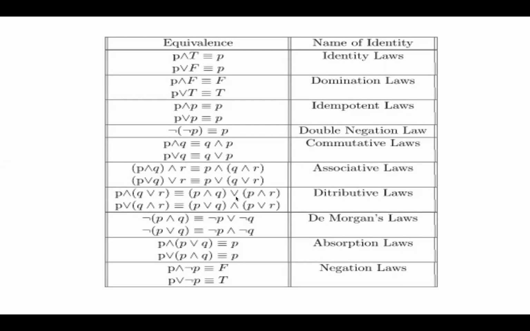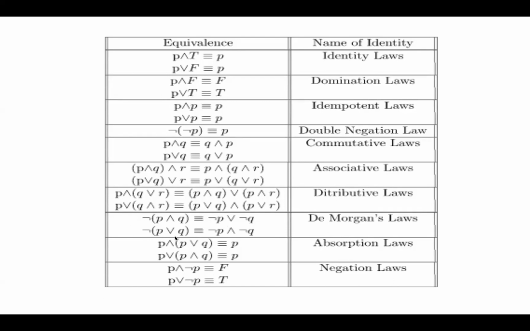Same with P OR (Q AND R), which is equivalent to (P OR Q) AND (P OR R). These are known as distributive laws. Means this P proposition is distributed in this Q OR R and Q AND R.